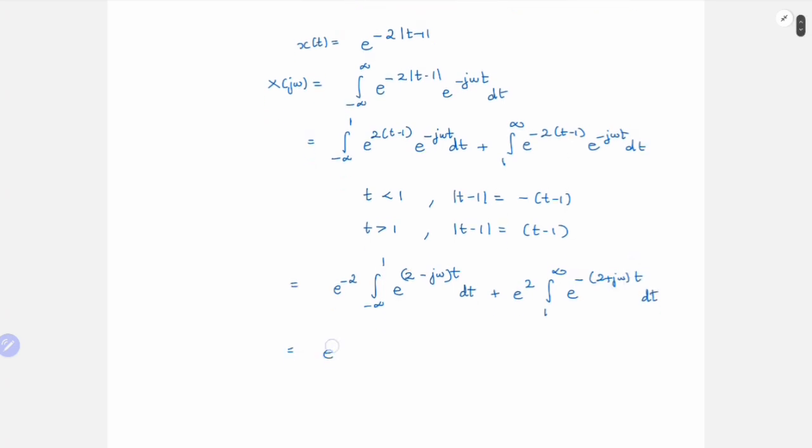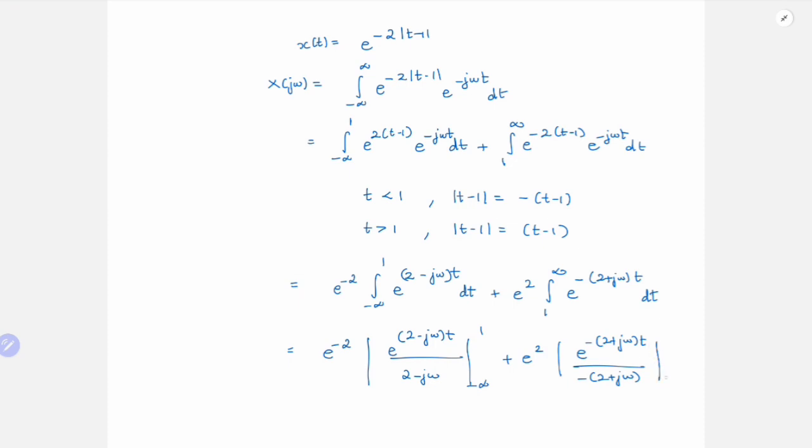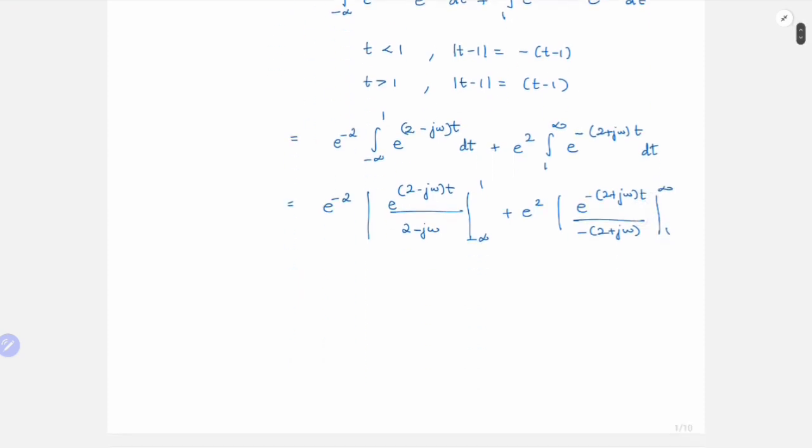So let us solve them. e power minus 2, this will be e power 2 minus j omega into t by 2 minus j omega from minus infinity to 1, plus e power 2, e power minus of 2 plus j omega into t by minus of 2 plus j omega from 1 to infinity.